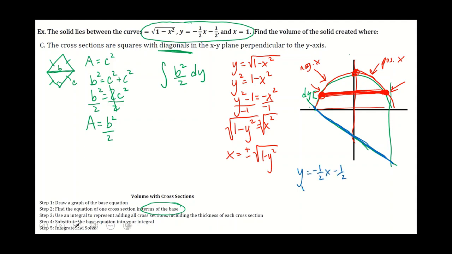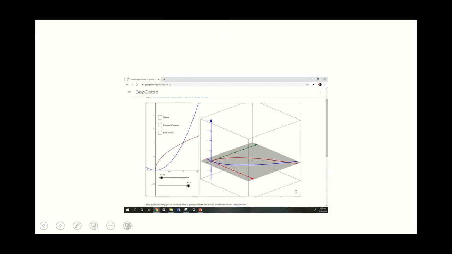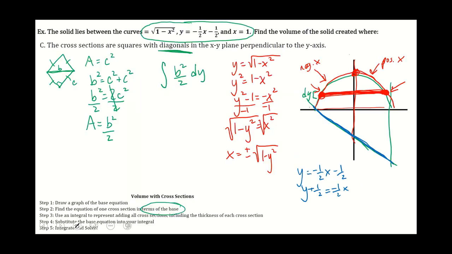So add 1/2 to both sides, y plus 1/2 equals negative 1/2 x. And multiply by negative 2, and I get x equals negative 2y minus 1. Okay, so that's the equation of the line in terms of y.